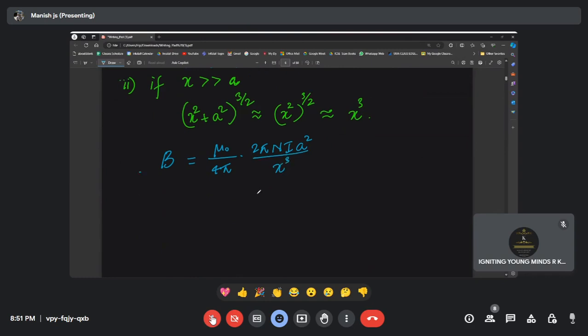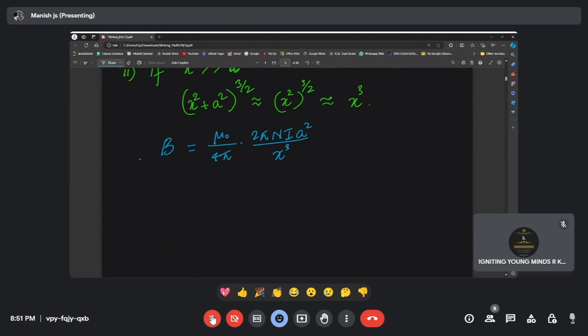Then you simplify it, the two pi's cancel, and the final expression is mu naught N I a square upon 2x cube.